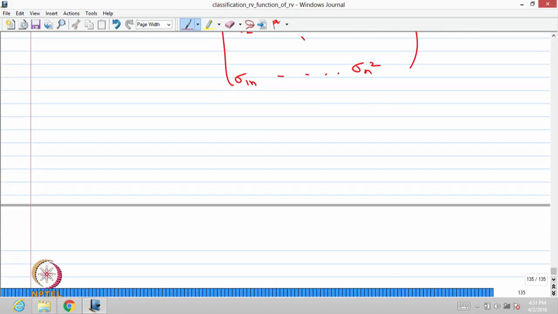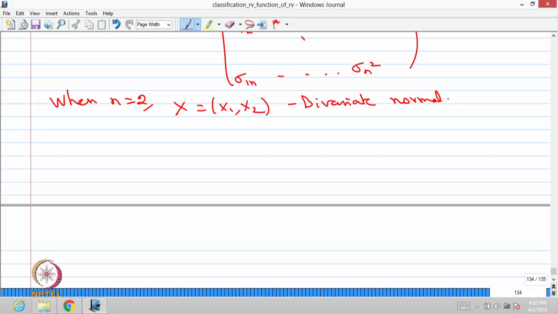For example, when n is equal to 2, x has elements x1, x2, and we call it a bivariate normal distributed random variable, a bivariate normal distribution.